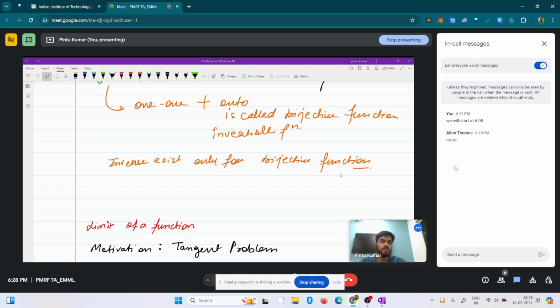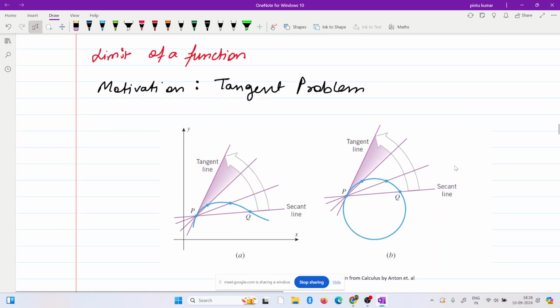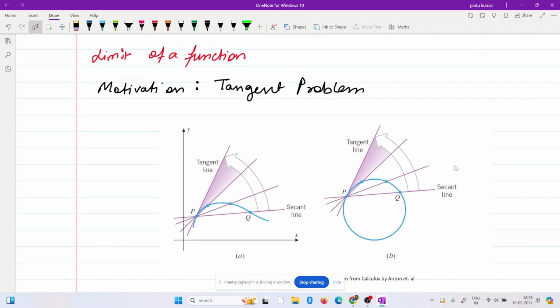Okay, thank you. So we'll go ahead and talk about something called the limit of a function. Let's say for some reason you can't evaluate your function at a point x.